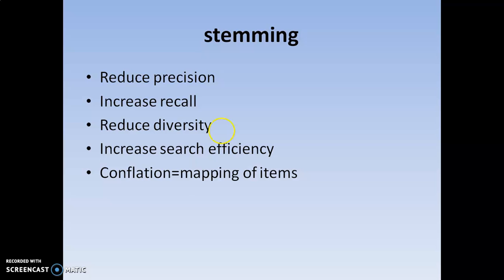This logical mapping is called conflation. Conflation is nothing but the logical mapping between the searching item and the searchable item. The item you are going to search and the item where it is appearing. So the mapping should be there between these two items. This feature is called conflation. And these stemming algorithms are designed in a way to increase the search efficiency.